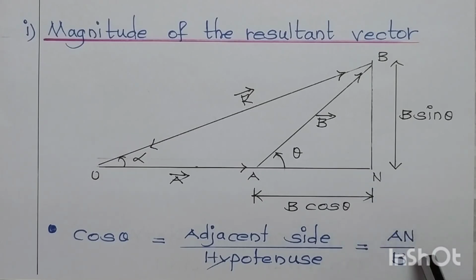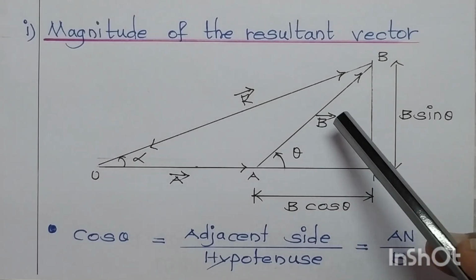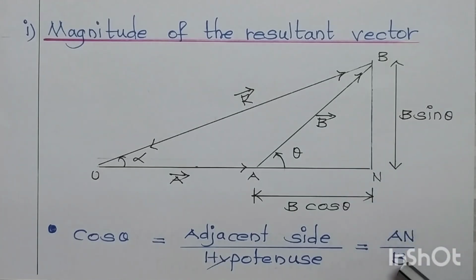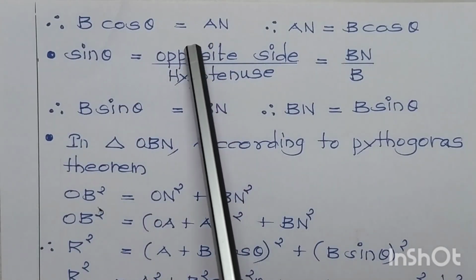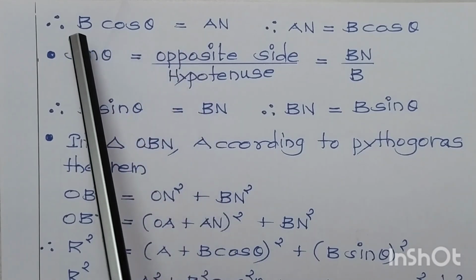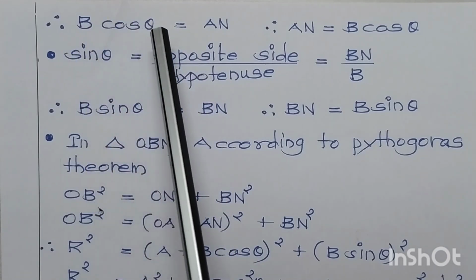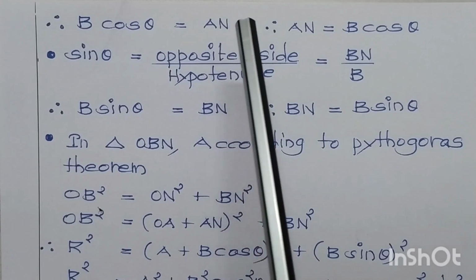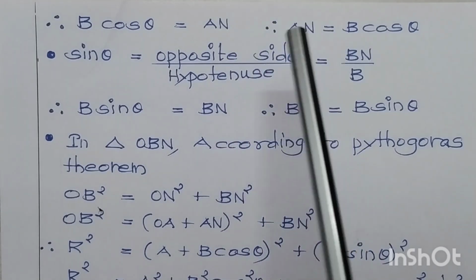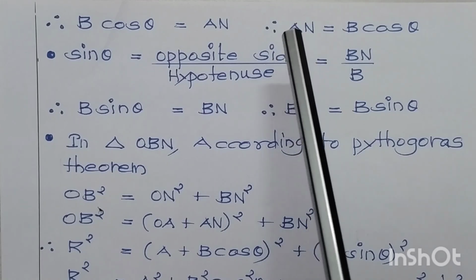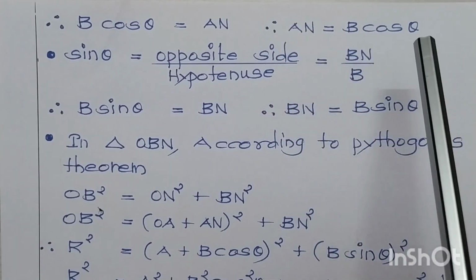So AN by hypotenuse is marked by B vector, but we take the magnitude of the B vector only, which is nothing but B. So we get cos theta is equal to AN by B. In the next step, if B goes this side, it gets multiplied. So we get B cos theta is equal to AN. Therefore I get AN is equal to B cos theta.